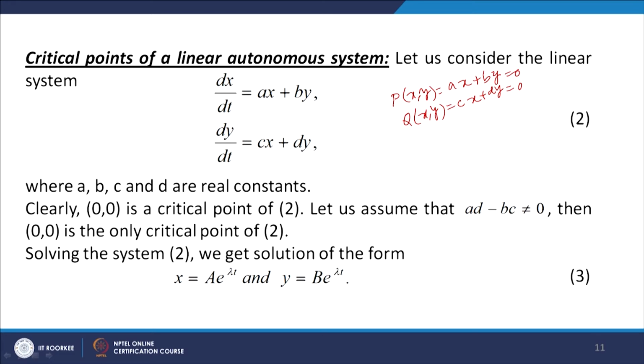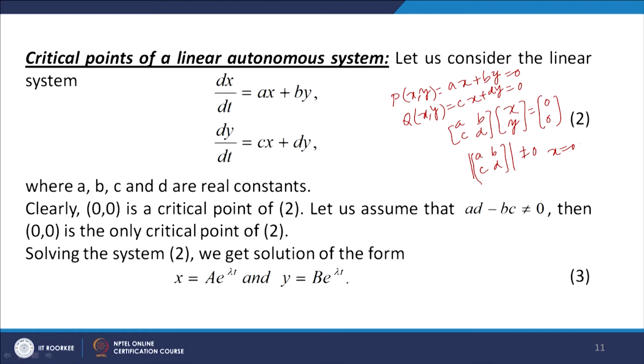Now, let us assume the condition that ad minus bc is not equal to 0, because this ax plus by equal to 0, cx plus dy equal to 0 is a homogeneous system. It is of this form. So, if the determinant of the coefficient matrix is not equal to 0, then we know that the only solution that is possible is the trivial solution.